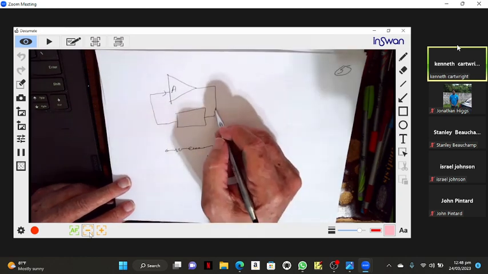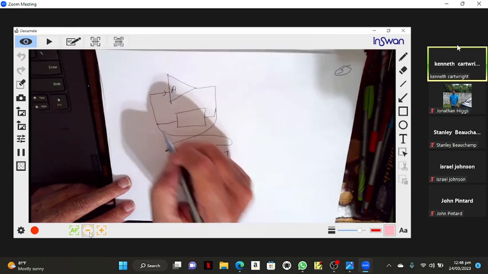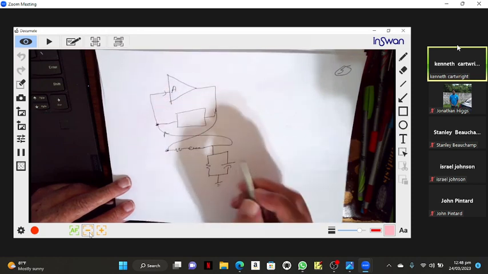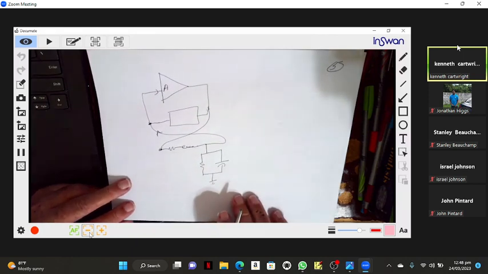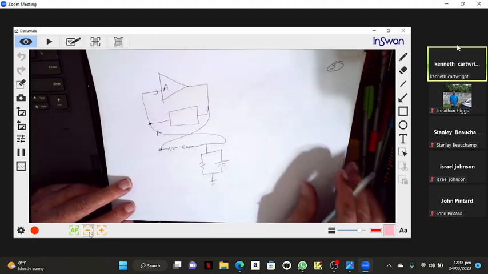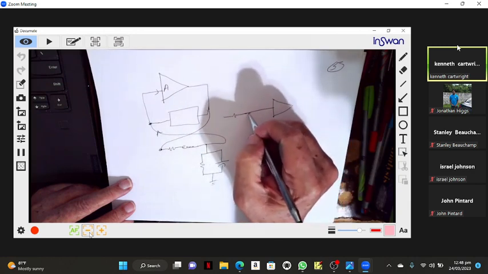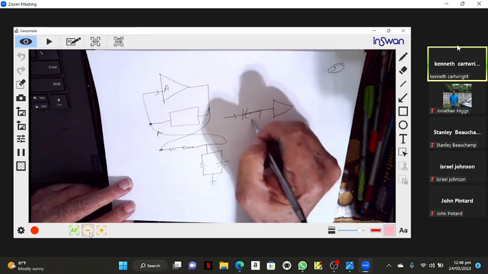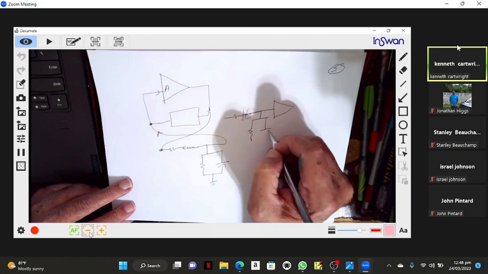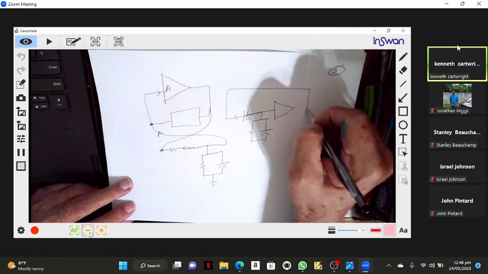So this will come in here, and this will leave here. Let me redraw that.